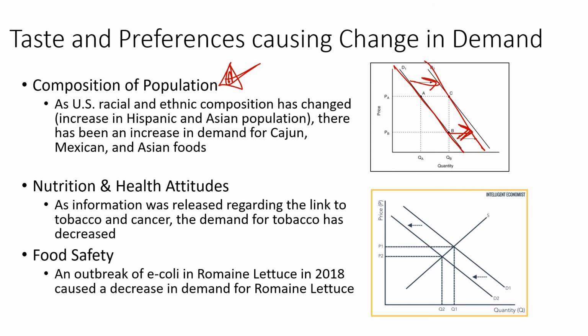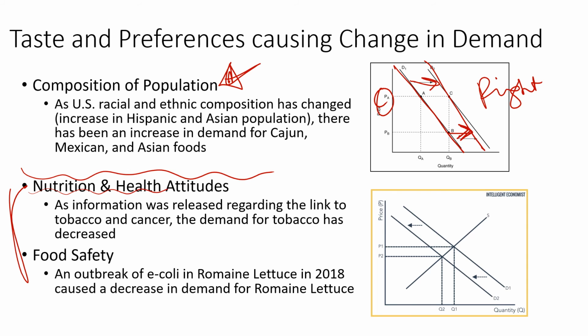So that has caused a shift in the demand to the right. The price of that food has not changed, causing a change in demand. It's this outside factor. Similar to that change, there are these other outside changes.